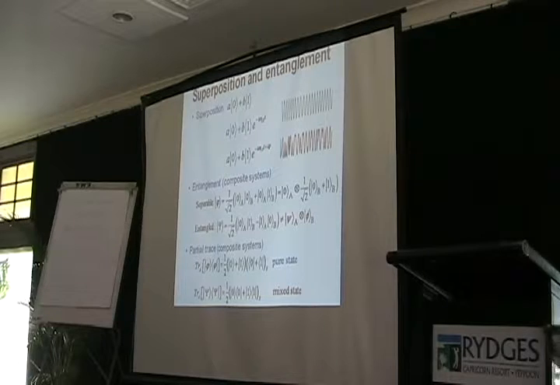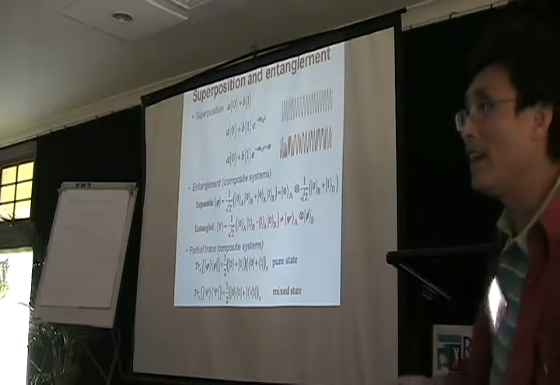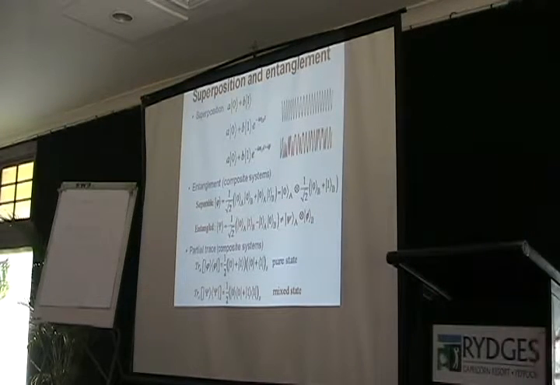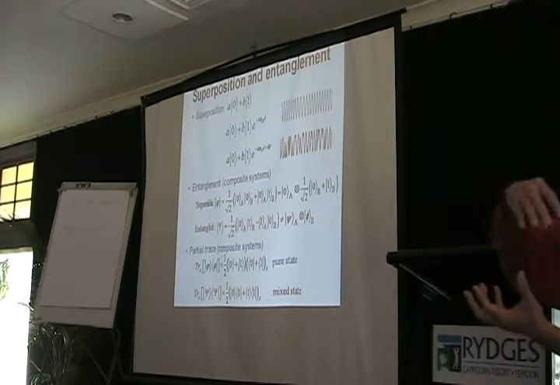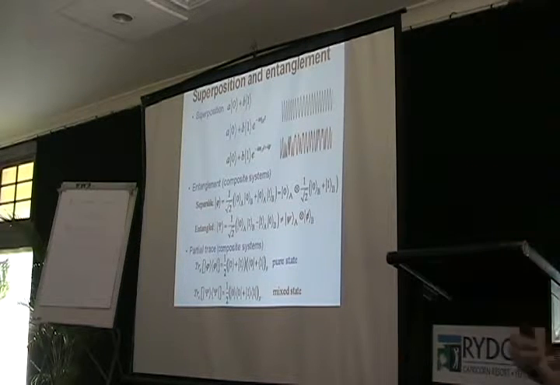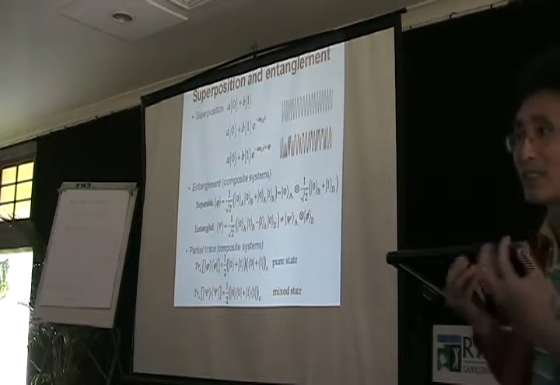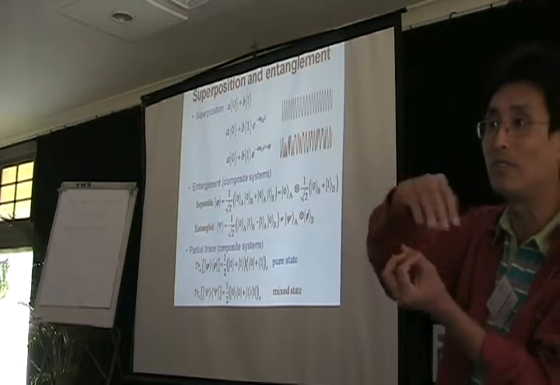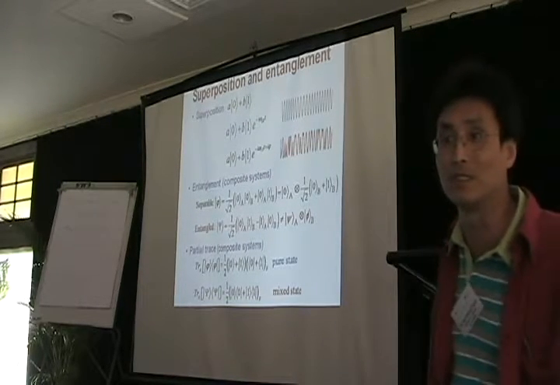It's no longer pure, which means I lost some information. When they are entangled, if I trace out the environment degrees of freedom, I lose some information about the pure state to begin with. That's how, when you average over some subsystem, you lose information, and then you have the decoherence.